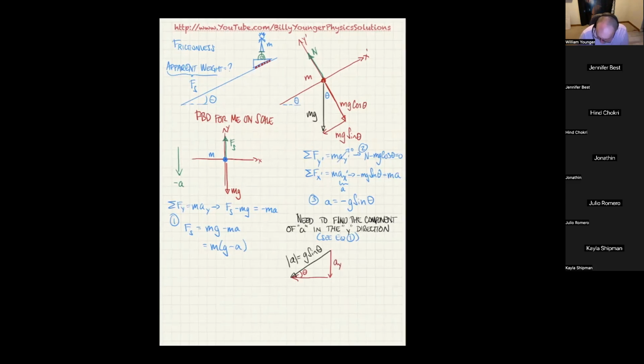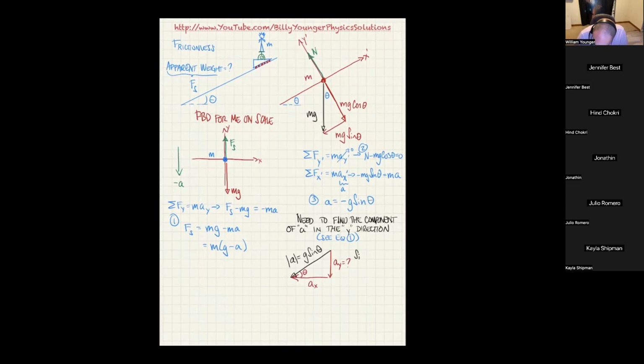So this is my a sub y, which is what I want. This is my a sub x, which I don't need. So as I had told you, when you first start doing vectors, it's okay to take time and write sine theta equals and then cosine theta equals and then go about solving them. I'm going to do that for this particular problem.